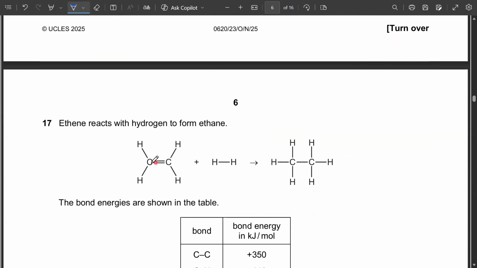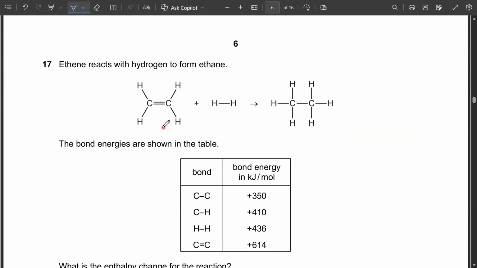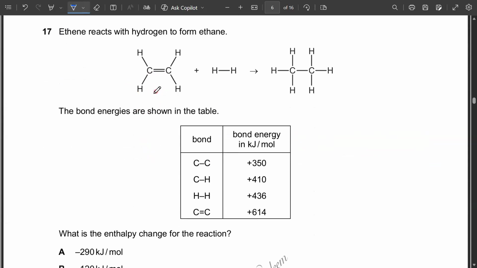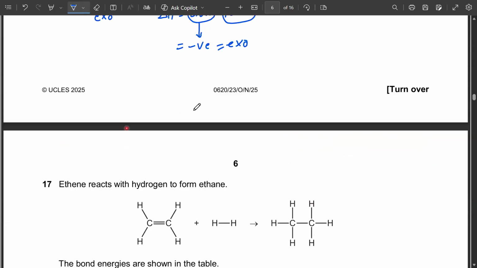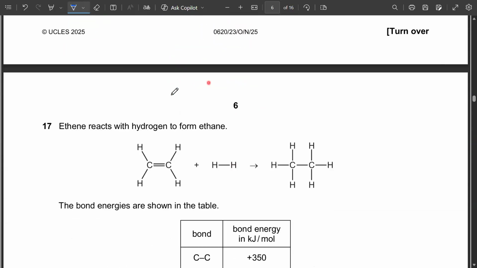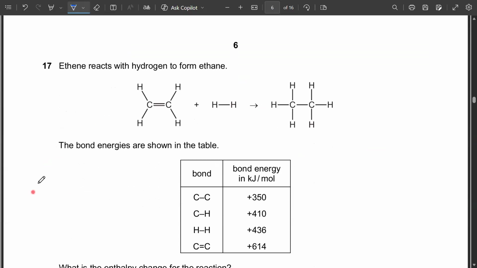Next, question number 17. It's again a similar type of question to the previous variant, the second variant. We just need to do the calculations. So first of all, we have to find the enthalpy change of the reaction, and the same formula will be applied, which I have just mentioned over here. Delta H is equal to bonds broken minus bonds formed.